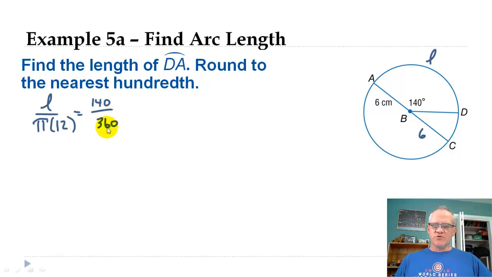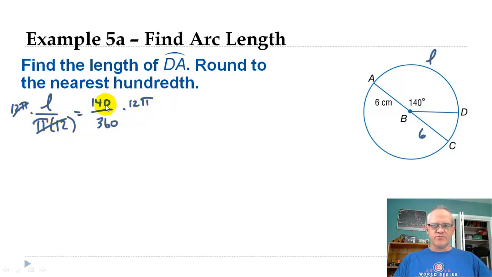Now you could cross multiply from here like we've done before, but since we will always have just L on the top, it might be easier to multiply by 12 pi. That 12 pi will cross out that 12 pi, and then I go times 12 pi here. That's where the formula comes from before, but to me it's harder to remember that than just to go times 12 pi.